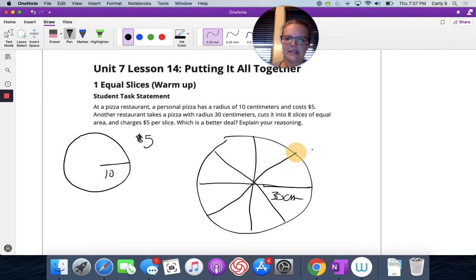So that's 8 slices, and it charges $5 per slice. Which is a better deal? Explain your reasoning.